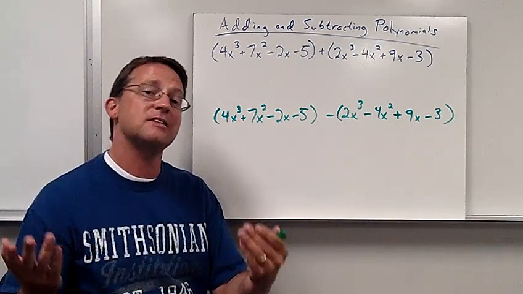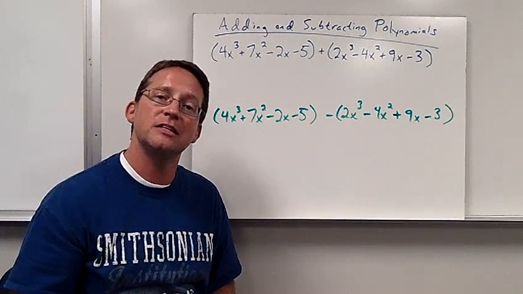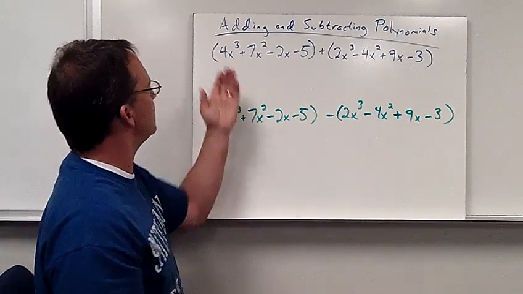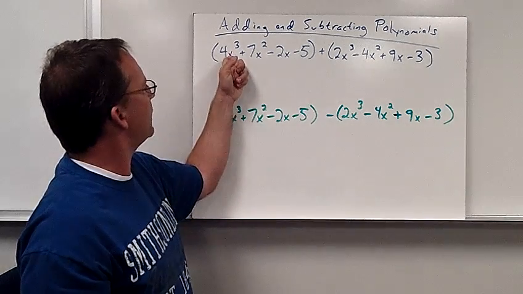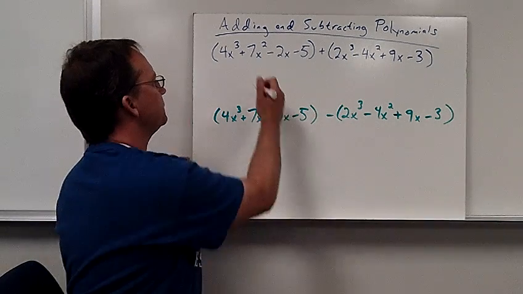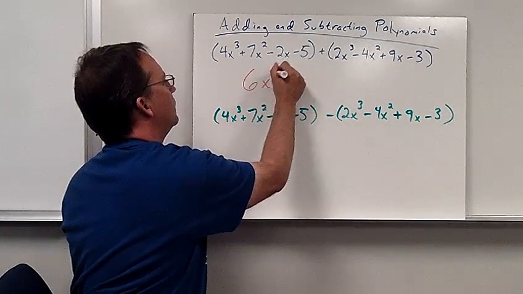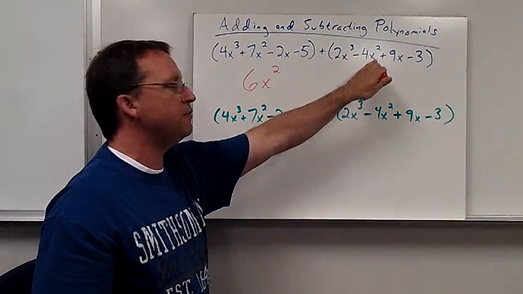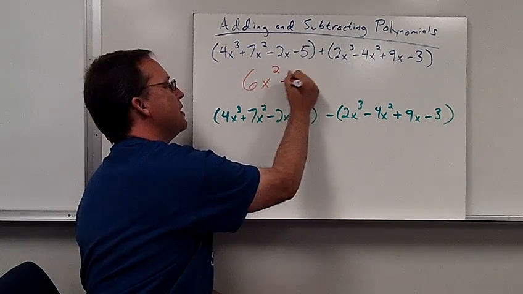So you're really doing the same thing that we did when we put polynomials into standard form. In the case of the addition problem here in blue, I have 4x cubed and I'm adding a 2x cubed. That just becomes 6x cubed. I'm adding 7x squared and adding a negative 4x squared, so plus 3x squared.